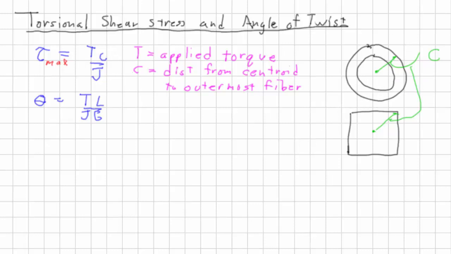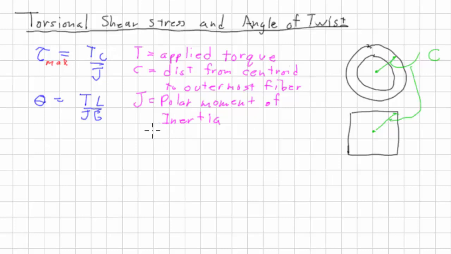Okay, moving on, J. J is the polar moment of inertia. There are many formulas for that depending on the cross section as well.